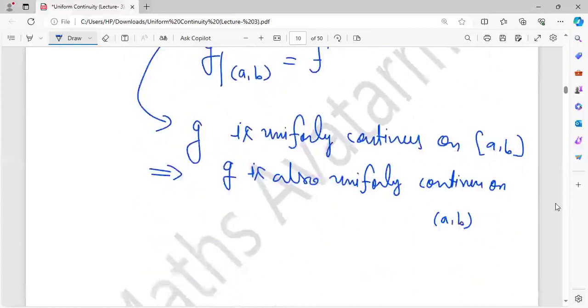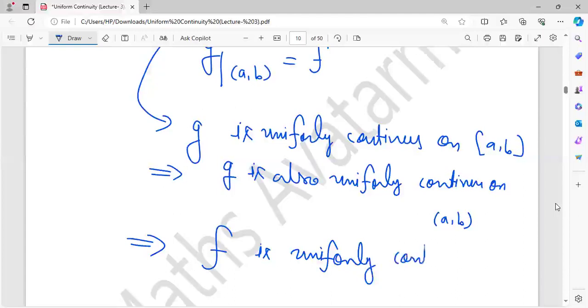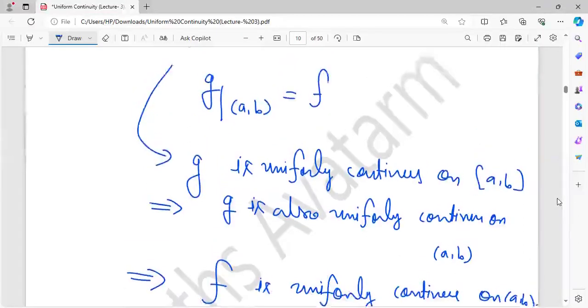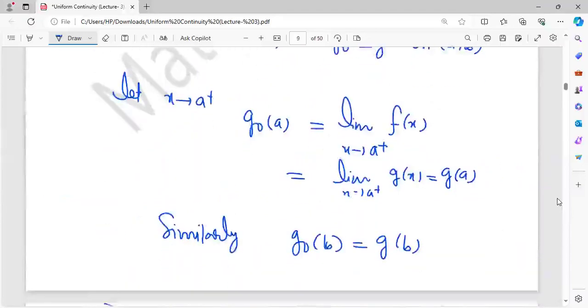But G is nothing but F on open interval AB. So F is uniformly continuous on AB. Okay. So 3 implies 1 is true. So we have proved this theorem.